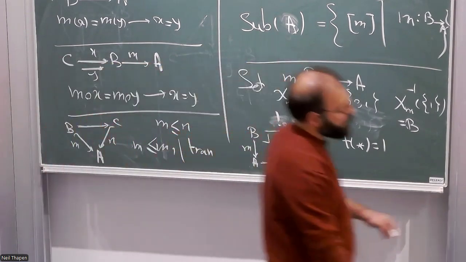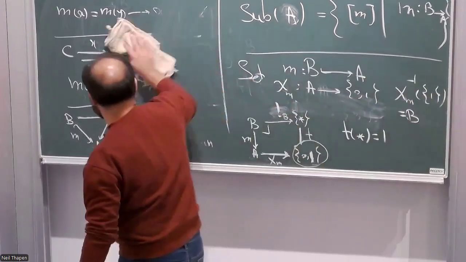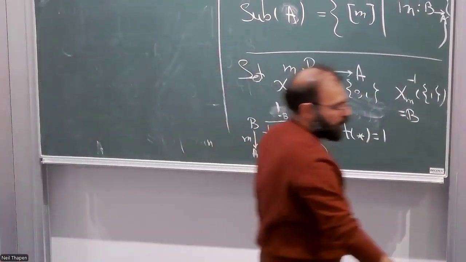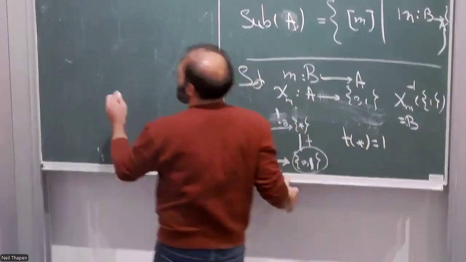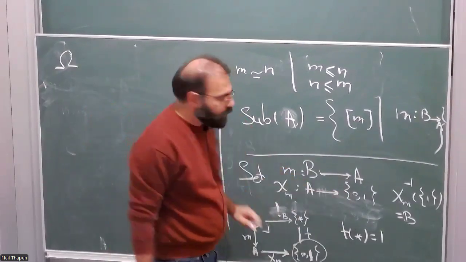So what is a subobject classifier? A subobject classifier is one object, omega. This guy plays the role of 0 and 1.